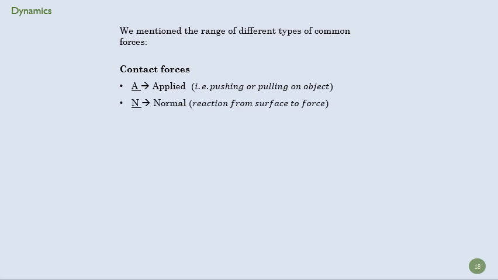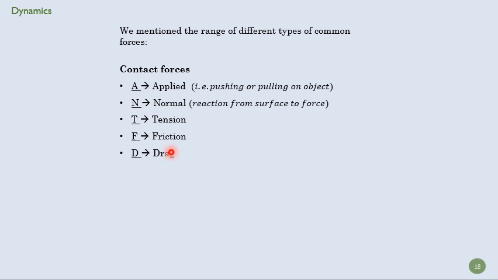There are a range of common forces, and we've mentioned at least most of them. We have applied forces, normal forces, which are a reaction from a surface to a force, tension forces, which are in ropes, wires, strings, friction, and drag.